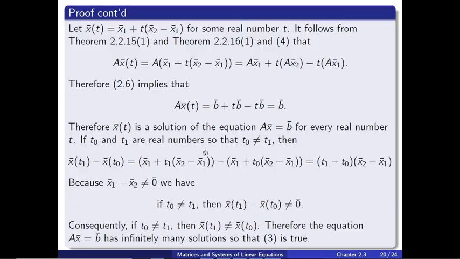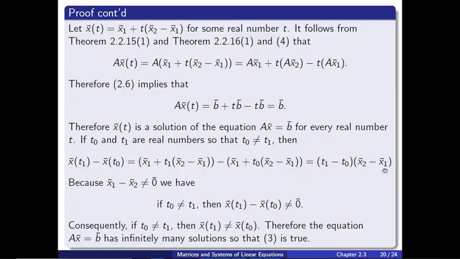So if we pick two t's, t0 and t1, that are different, then x of t1 minus x of t0 becomes the product of that. If you look at the product, x2 minus x1, we know they are different, so this is not equal to 0.